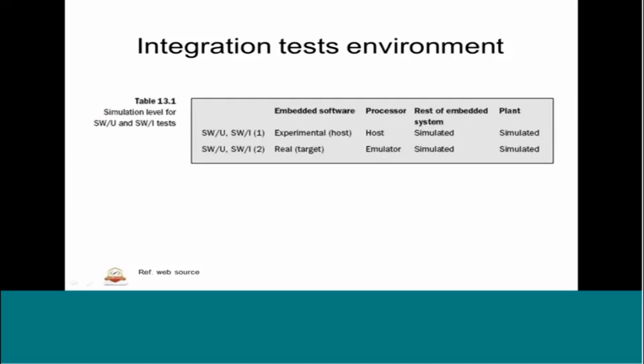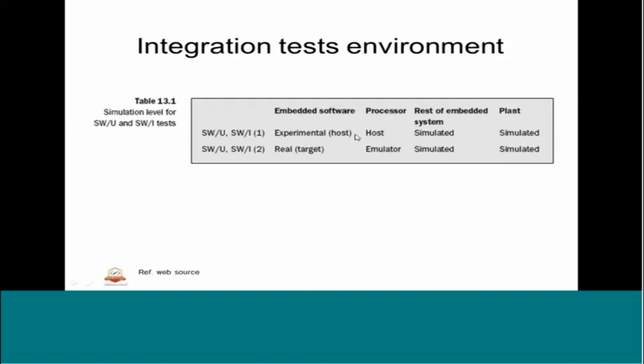So we have embedded software, what sort of processor, what can be tested on the rest of the embedded system and the plant, and what sort of simulation we have. So software unit, software integration part 2.